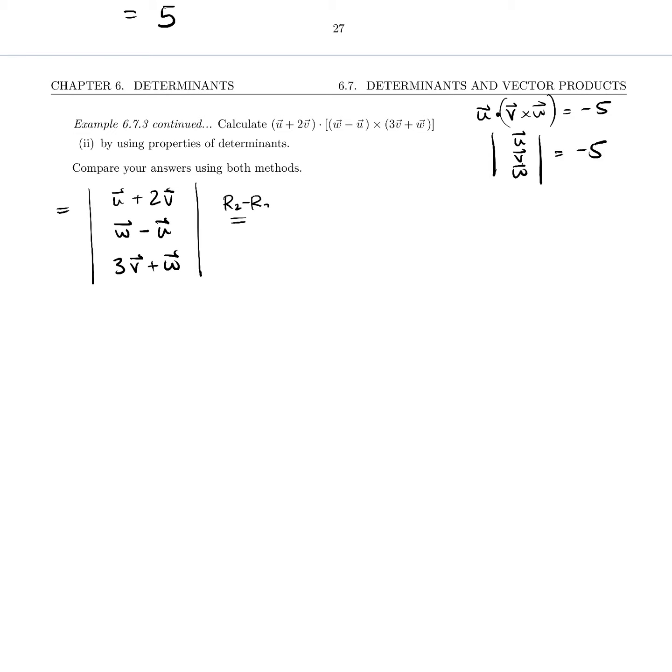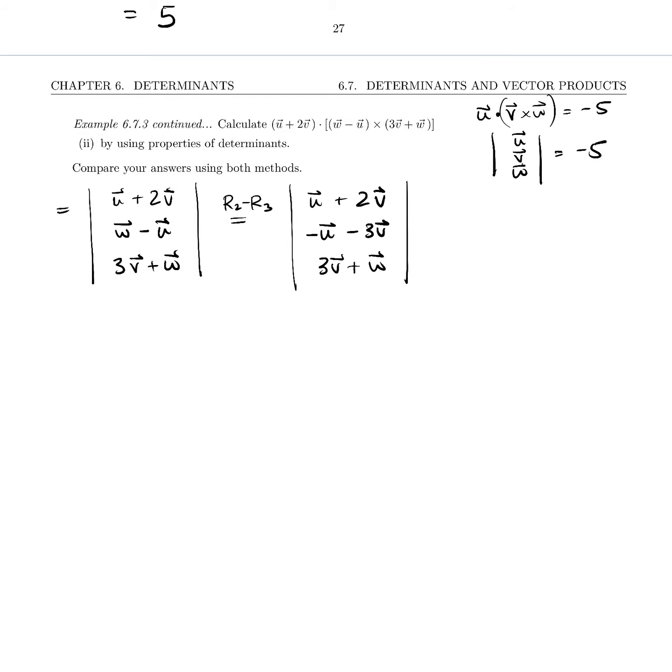So row 2 minus row 3 will give me, your row 1 stays the same. Row 2 minus row 3, so the w's are going to cancel out. I'm going to get minus u minus 3v. And then the last row has not changed, so 3v plus w. Now, we are going to add the first two rows together to cancel out those two u's.